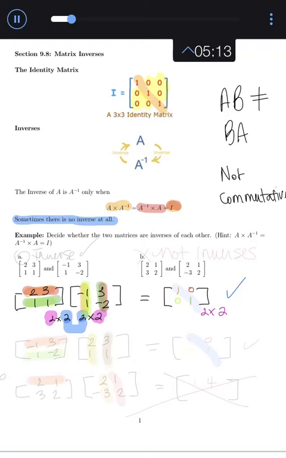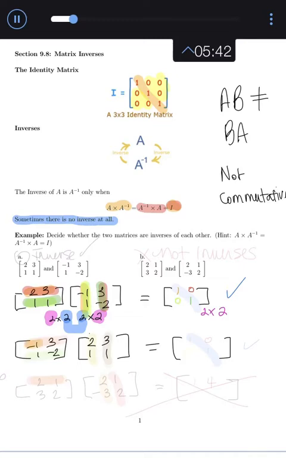We think that they're going to be inverses, but you have to try the other way around. So let's switch them around. Now I have to do the matrix [-1, 3; 1, -2] first, and then the [2, 3; 1, 1] second. We again know for the same reasons that it'll end up being another 2 by 2.